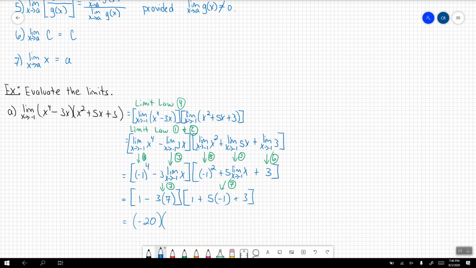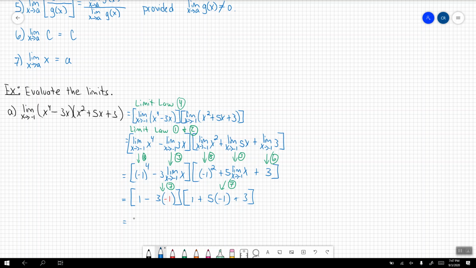Wow, I just realized I made a mistake. I was wondering why my numbers were coming out so high. So my mistake is here on this step. I accidentally inserted a negative 7 when the evaluation for this limit is supposed to be negative 1. My apologies there. Okay, so here we are.